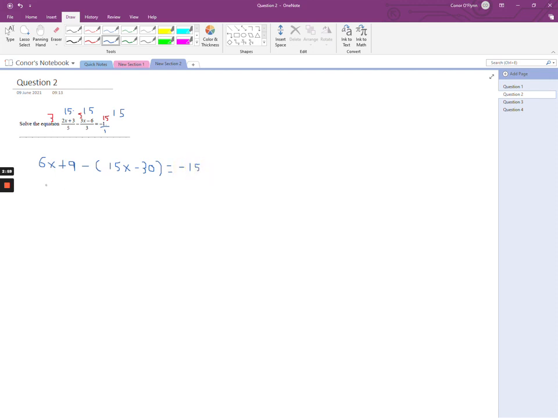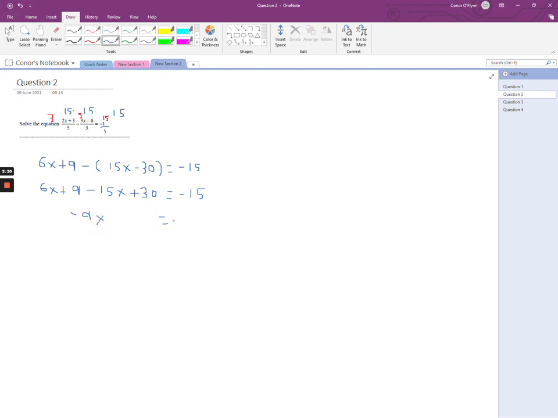Okay, and now I tidy up. See, I have that minus, so I have to put that minus into that second one. You could do it in one go, but I'll just show the workings. Minus 15 here. And now I solve for x. So 6 minus 15x is minus 9x.